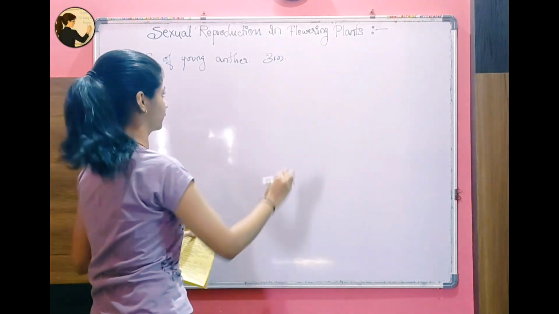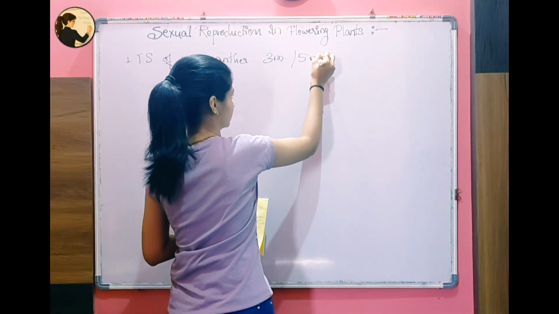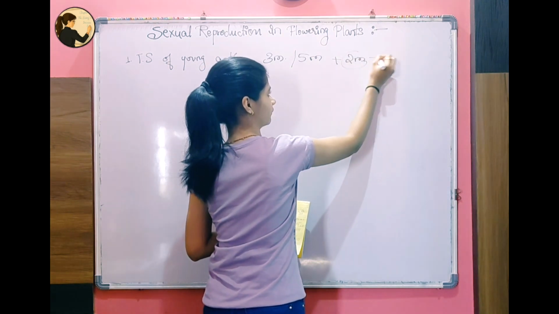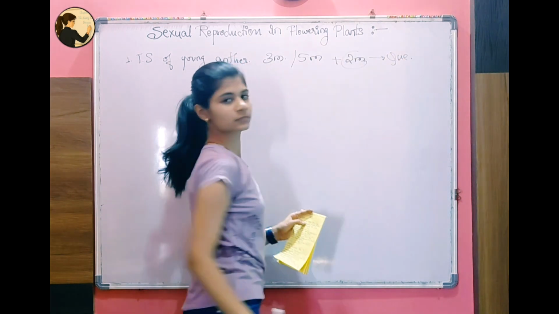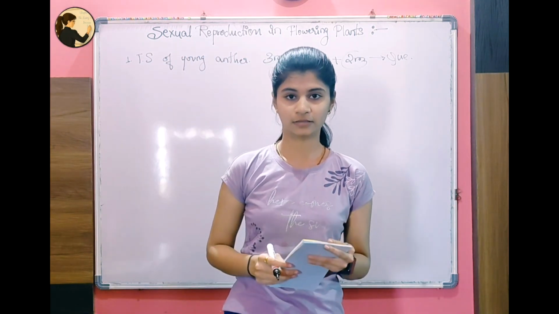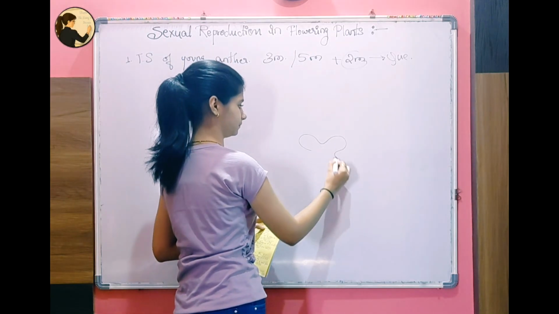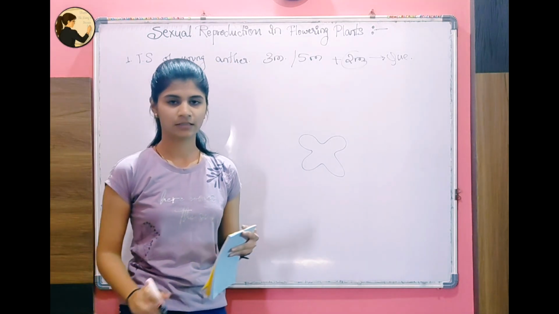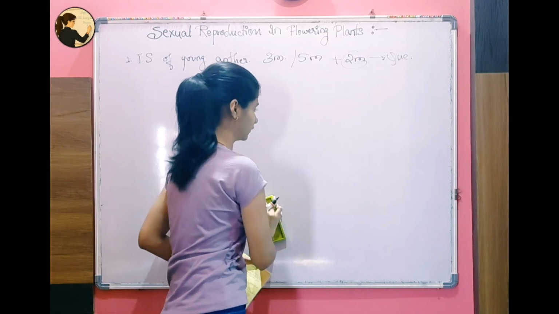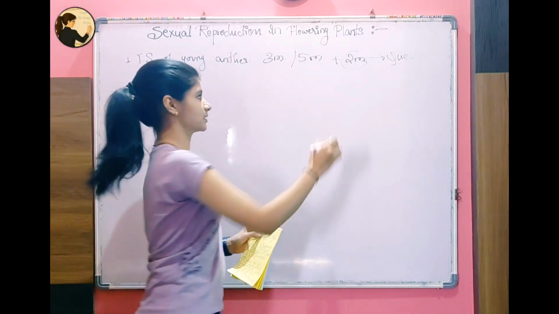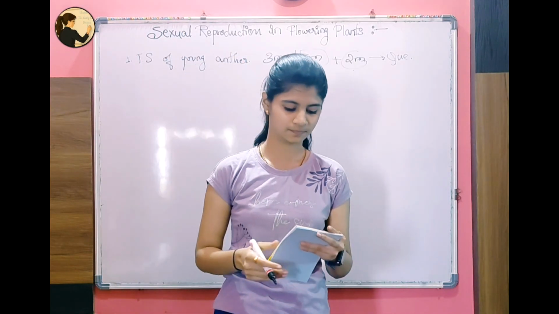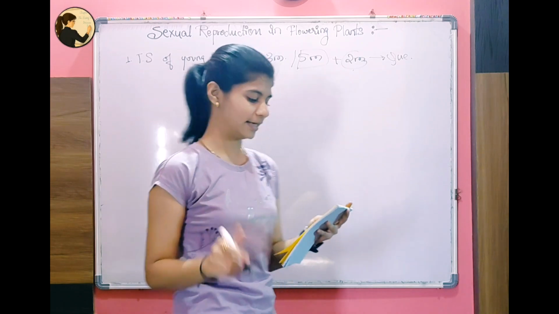If it comes for 5 marks, then you will get a different question of 2 marks extra. The young anther diagram, which looks like a butterfly, has really few labelings. So if you get it for 5 marks, definitely you are going to get 1 extra question of 2 marks to cover the whole 5 marks. Okay.